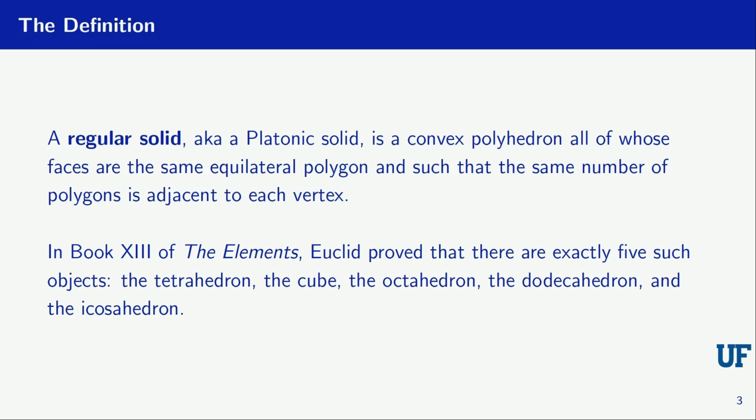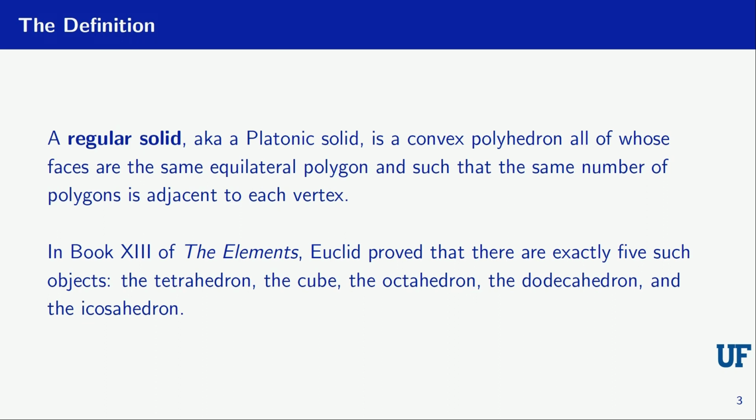So like a pyramid is not regular, right? Because, I mean, you think about the great pyramids in Egypt, right? They have 4 triangular sides and a square bottom, so you use 2 different kinds of polygons. That's no good, okay? We want to use the same polygon and arrange it in such a way that you always have the same number coming together at one vertex, okay? That's what these things are.